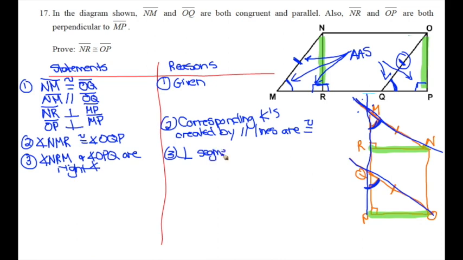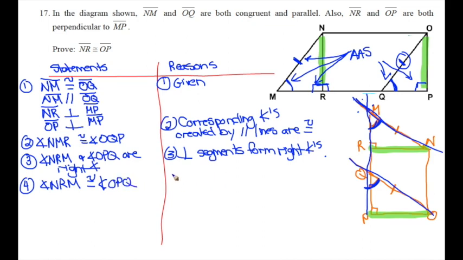Lines, segments, honestly, I guess, in this case, form right angles. Once I've said they're right angles, now I can go on and talk about how they're the same thing. So angle NRM is congruent to angle OPQ, and that's because all right angles are congruent.